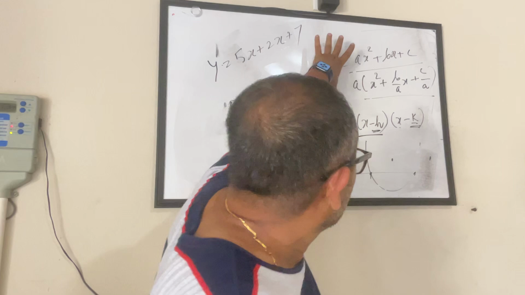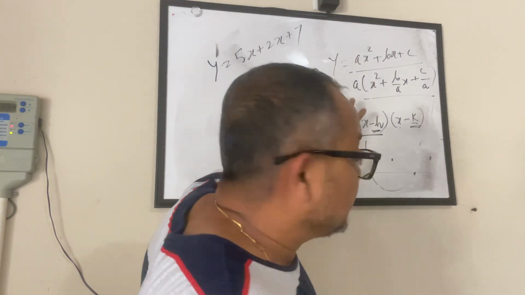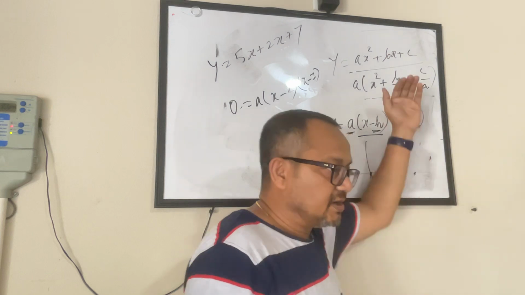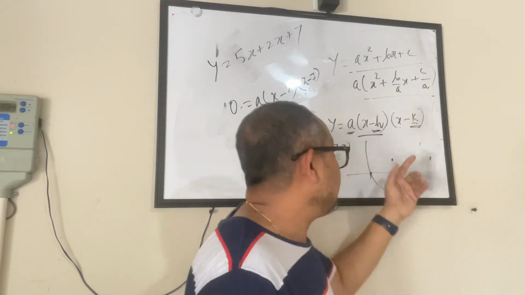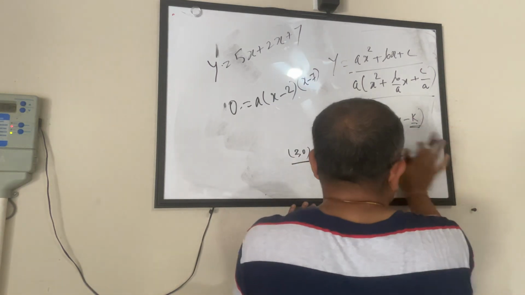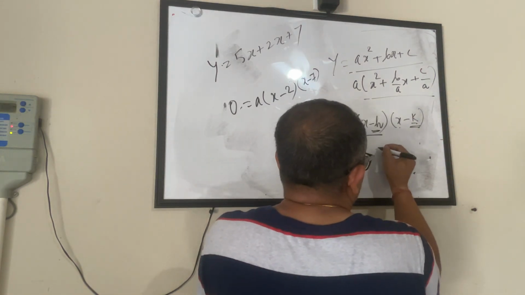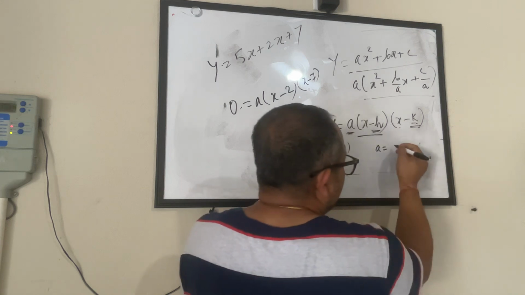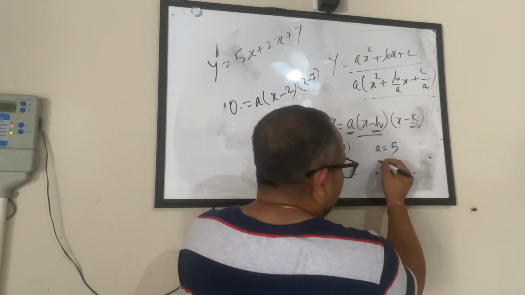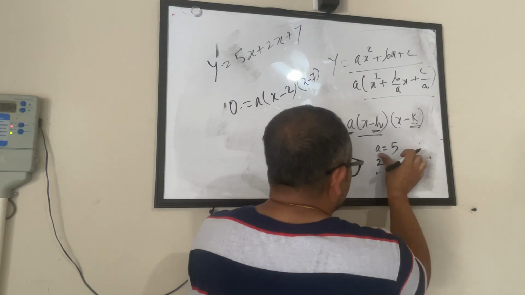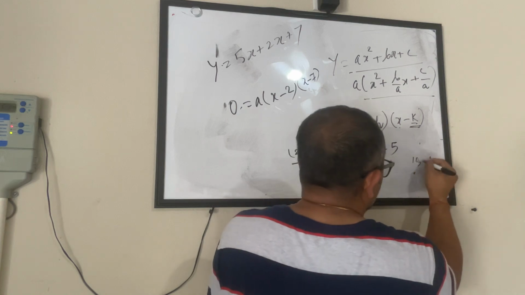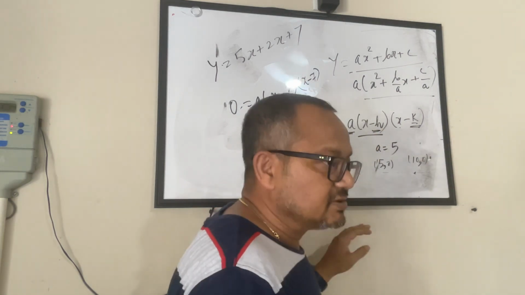So the standard form and the factored form are pretty much the same. They are just a breakdown of this thing. And if you are given that the value of a, the coefficient of x squared, is 5 and it touches the axis at 5 comma 0 and 10 comma 0, find out the equation for the parabola.